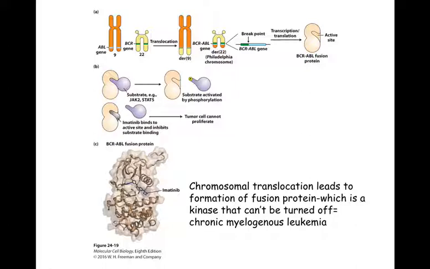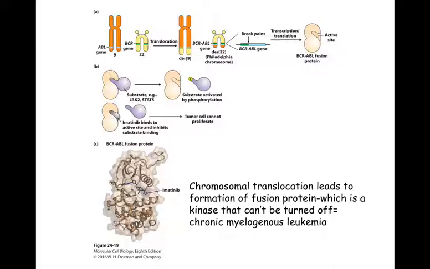Where they switch is right at a reading frame for a protein, and that results in what's called a fusion protein, part this, part that, and it translates into a kinase, and this kinase is constitutively on.